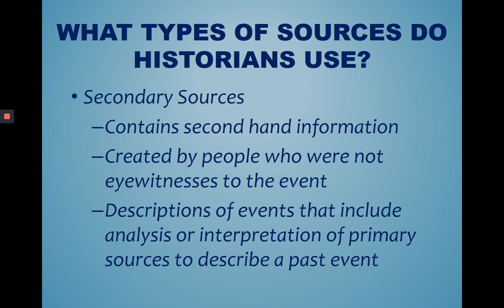Secondary sources. Secondary sources contain secondhand information. They're created by people who were not eyewitnesses to the events. Descriptions of events that include analysis or interpretation of primary sources to describe a past event.